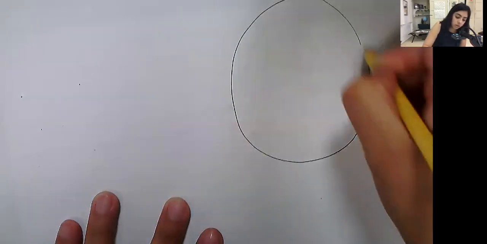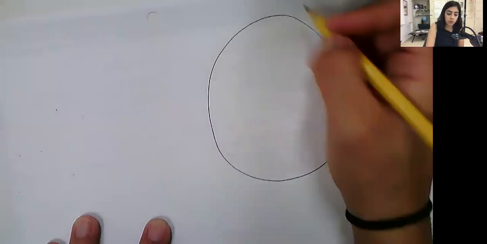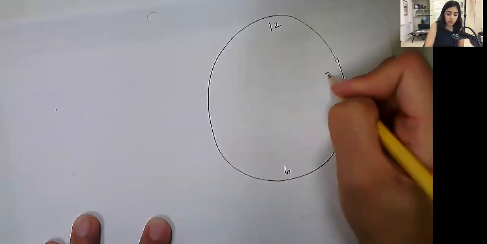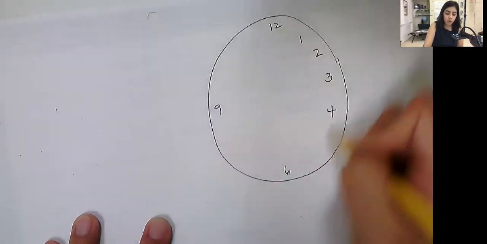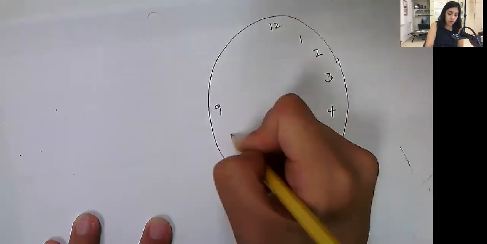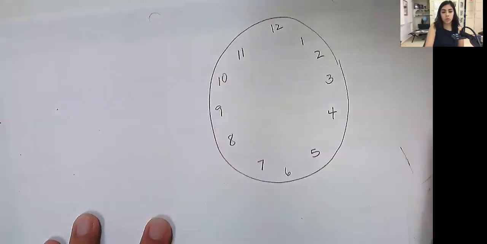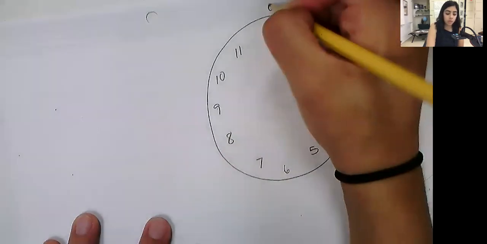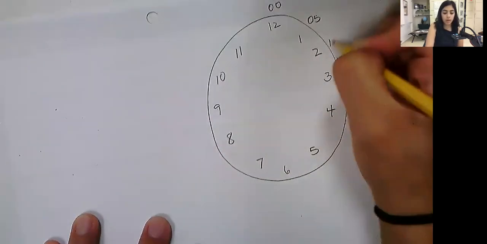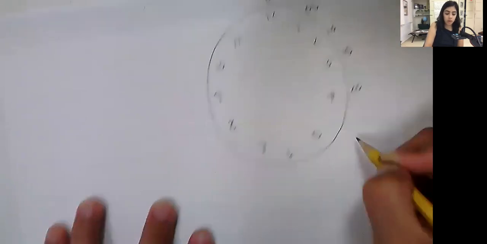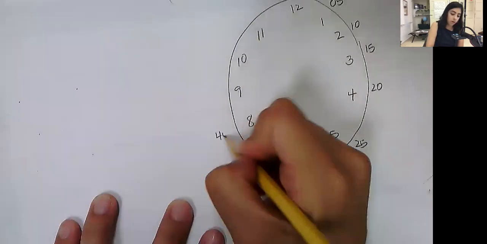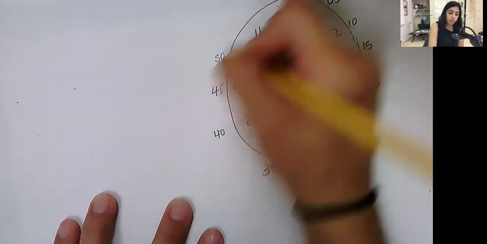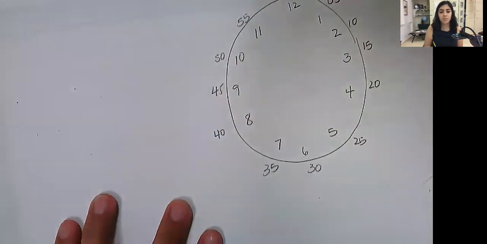Now what we're going to do is we're going to draw our clock. So let's start at the top. 12, 6, 3, 9. 1, 2, 3, 4, 5, 6, 7, 8, 9, 10, 11, and 12. 0 at the top, 5, 10, 15, 20, 25, 30, 35, 40, 45, 50, and 55, 60.